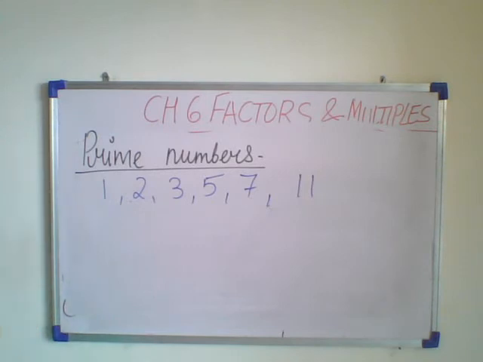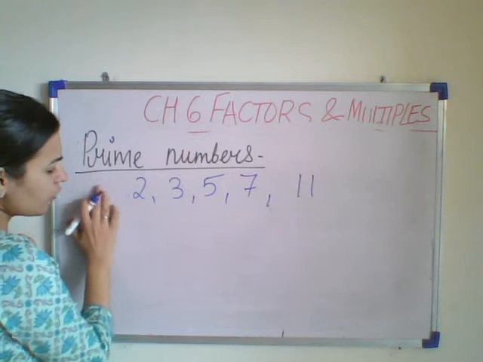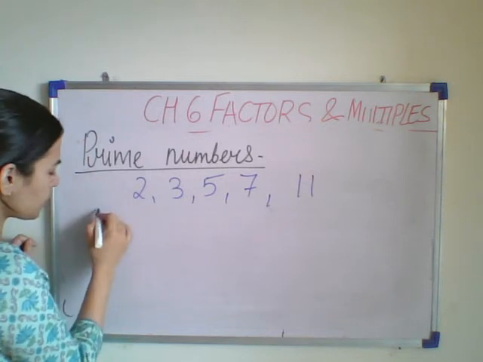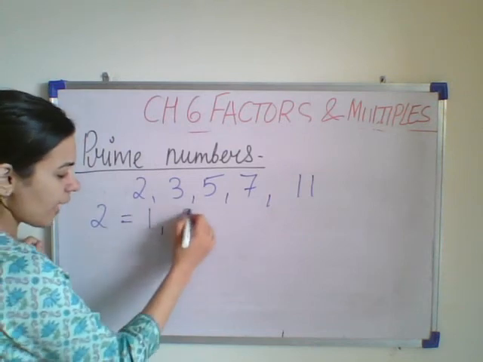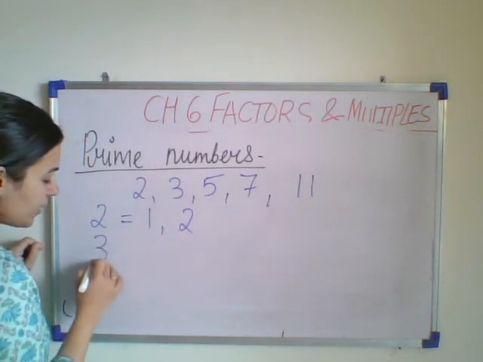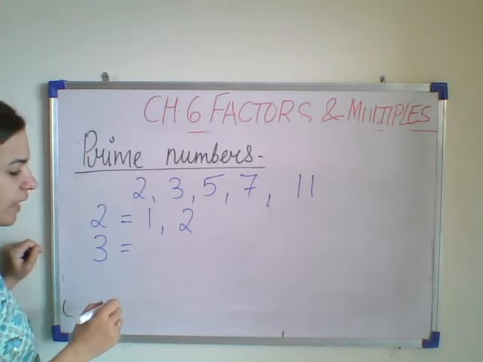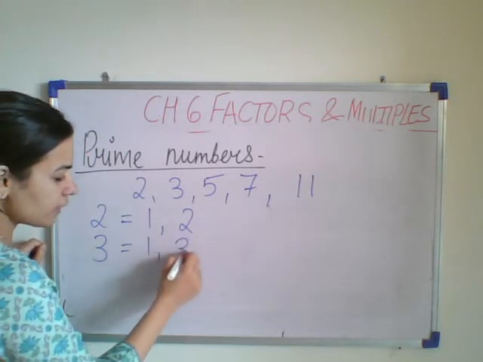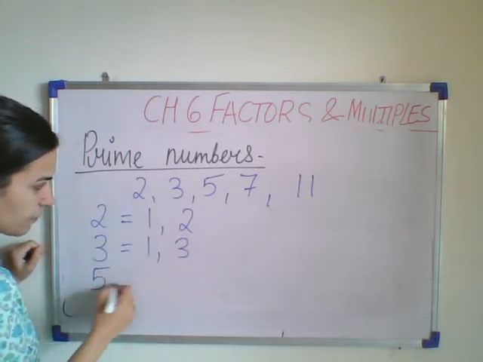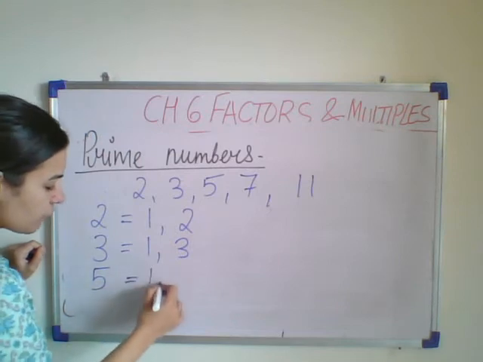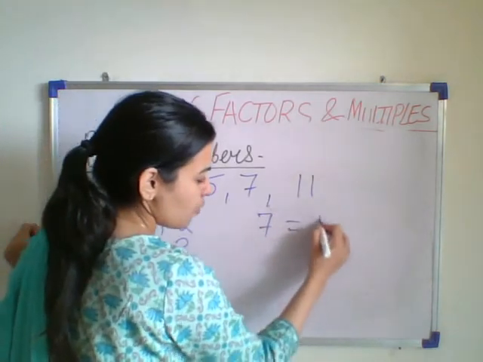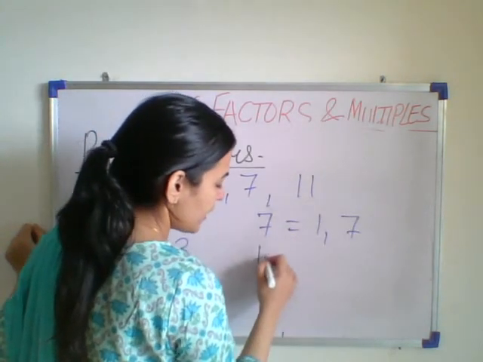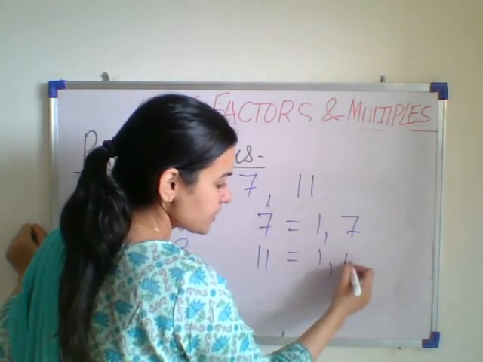For example, first of all let us take 2. So what are the factors of 2? 1 and 2. Then let us take 3. What are the factors of 3? 1 and 3. Then let us take 5. What are the factors of 5? 1 and 5. 7, 1 and 7. 11, 1 and 11.